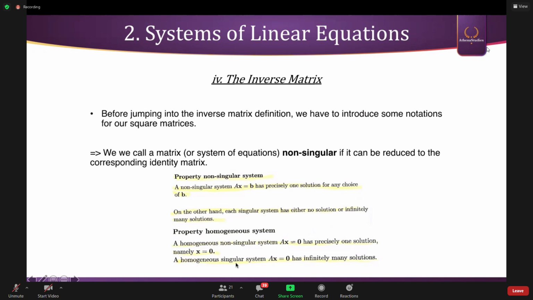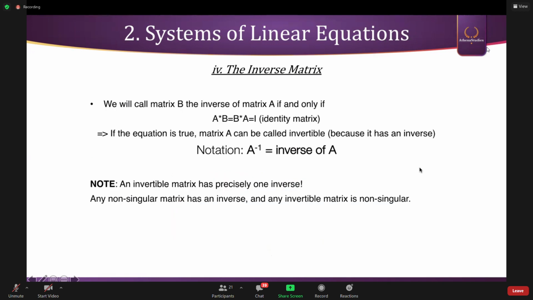A homogeneous singular system can have infinitely many solutions. Again, a little bit of theory that we have to understand for the exam. We have to remember it. Could be a theoretical question. I'm not super sure, I cannot know for sure, but it's a little bit of theory that could possibly appear in the exam. So it's really good to remember.